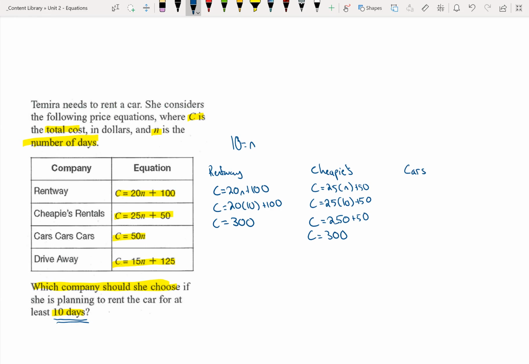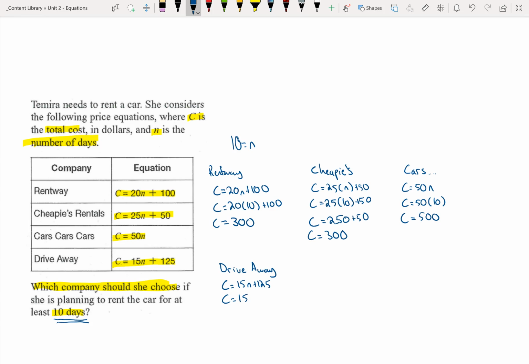Cars, Cars, Cars. C equals 50N. C equals 50 times 10. C equals 500. And lastly, Drive Away. C equals 15N plus 125.